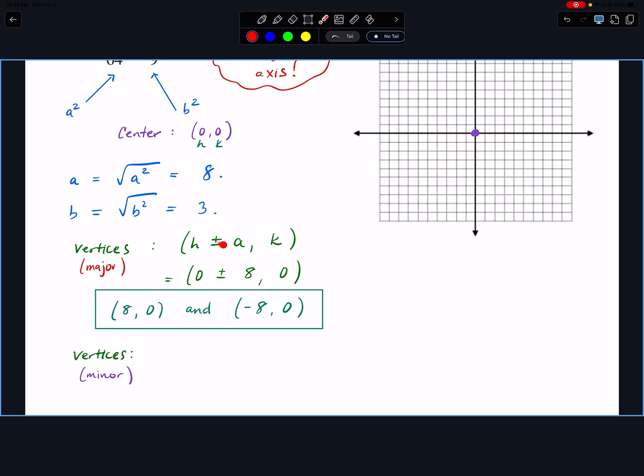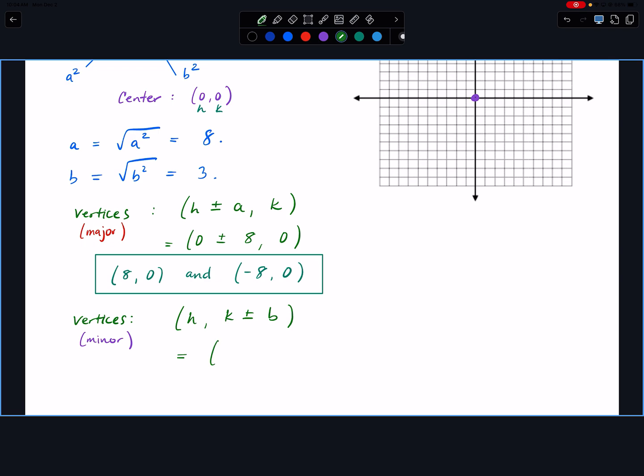To find the minor vertices, you're going to add the b value to the y. So this is going to be 0, 0 plus or minus, what was b? 3. So 0, 0 plus 3 is 3, and 0, 0 minus 3 is negative 3.